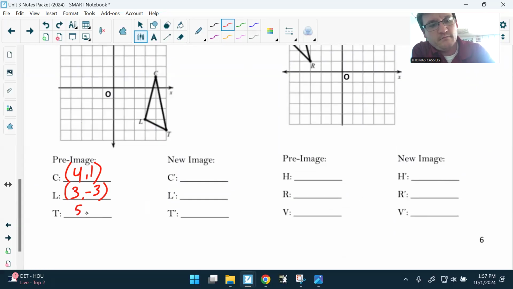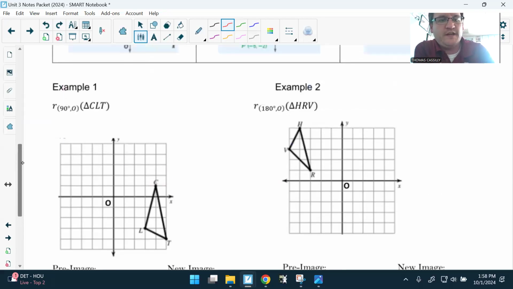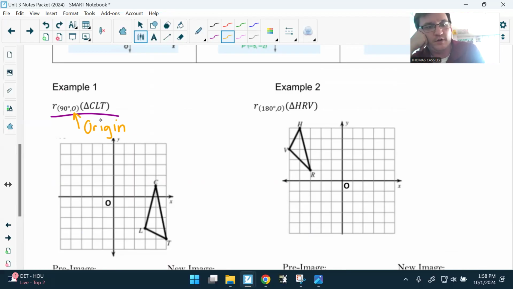So this says rotate triangle CLT 90 degrees, and that O right there is the origin. On a coordinate plane, the origin is always the very middle. That is the ordered pair 0, 0. That is what we are spinning this picture about.